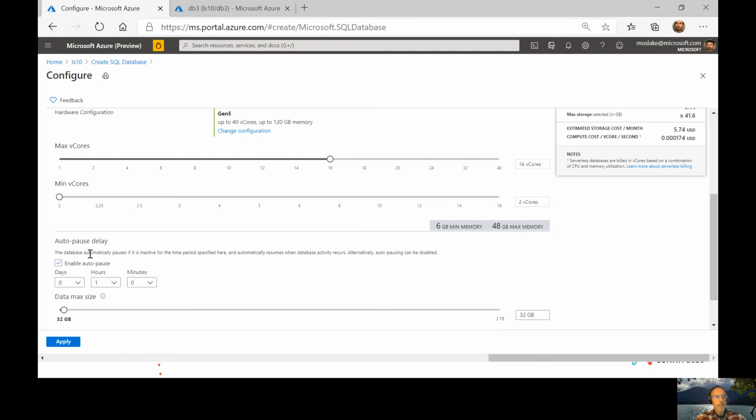Next, I can make adjustments to the auto pause delay. By default, auto pausing is enabled.